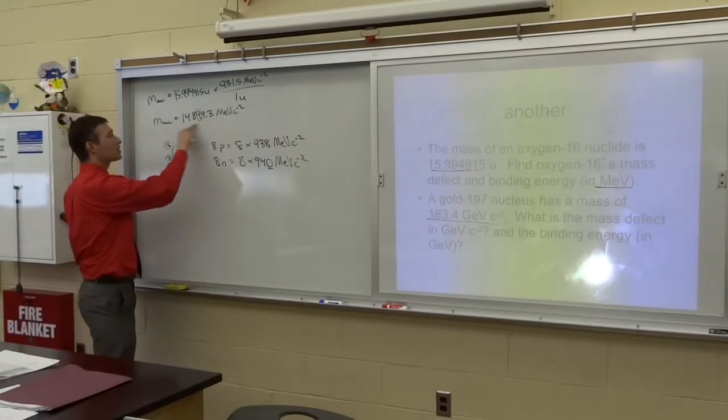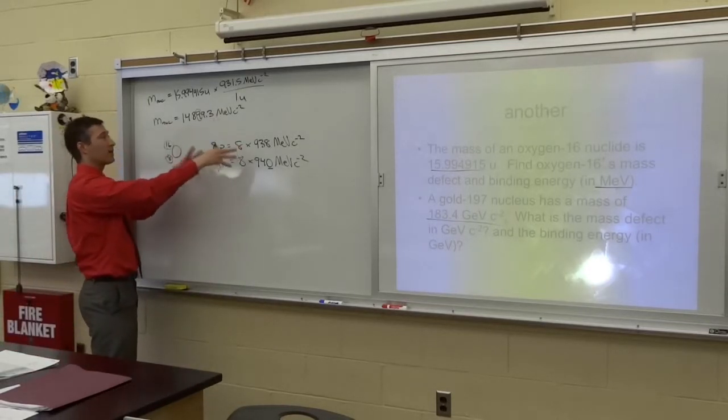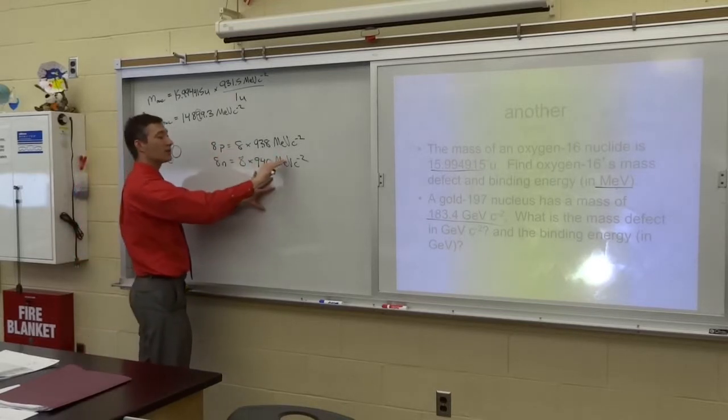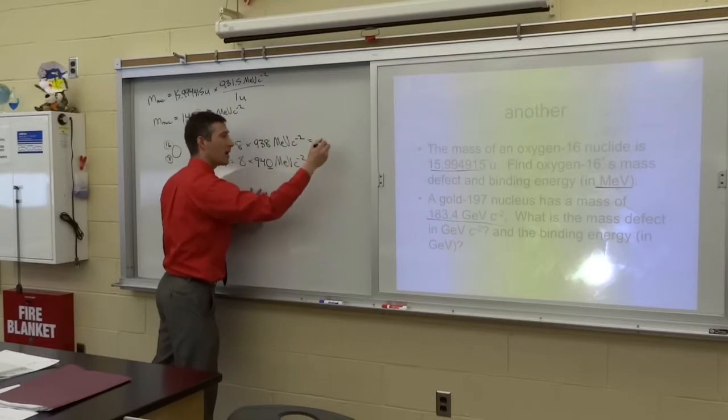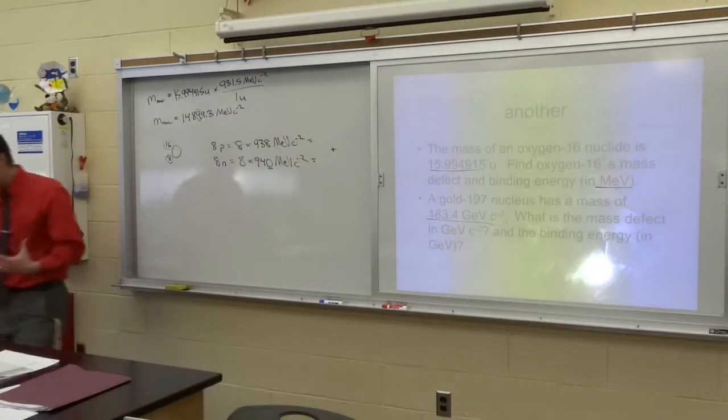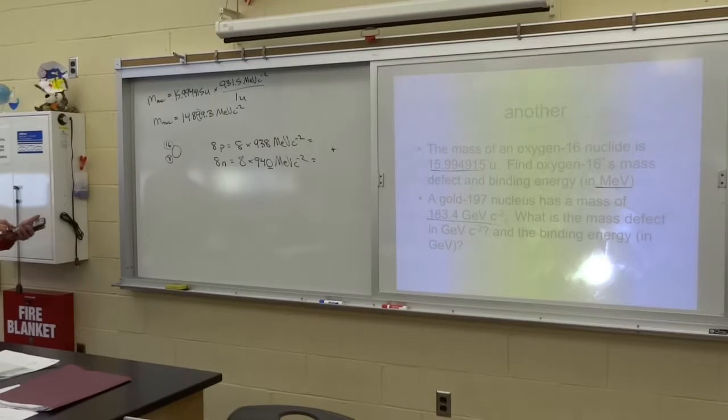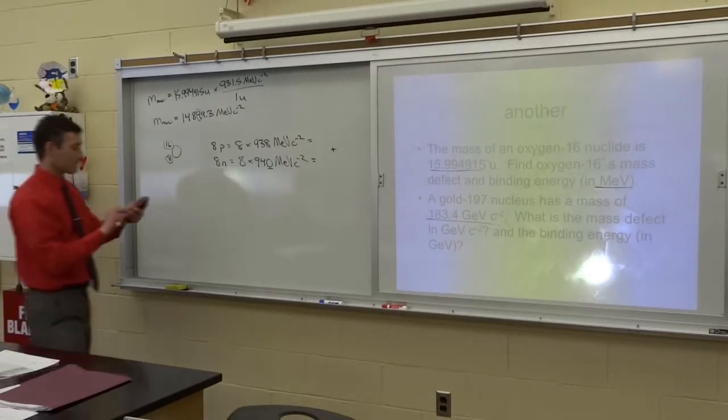So this is the mass of these 16 things when they're together. This would represent their mass when they're apart. So let me go ahead and multiply out the 8s and then add them together, and we should be seeing that that's a greater mass than 14,899.